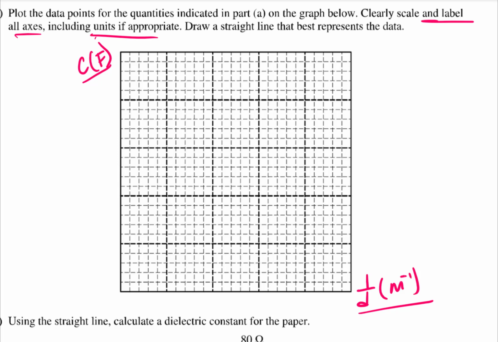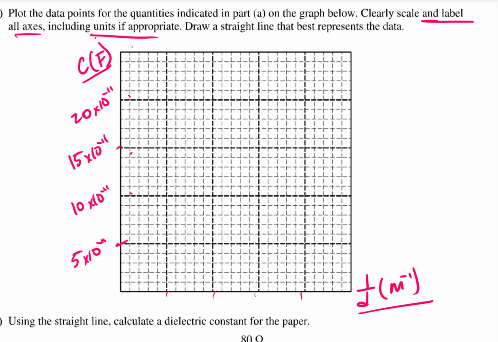Then we need to scale the data. I see that my capacitance goes from 6.5 to 21. So what we're going to do is say that this is 5 times 10 to the negative 11th, this is 10 times 10 to the negative 11th, this is 15 times 10 to the negative 11th, and this is 20 times 10 to the negative 11th. Then, for 1 over D, that's running from 22 to 100.